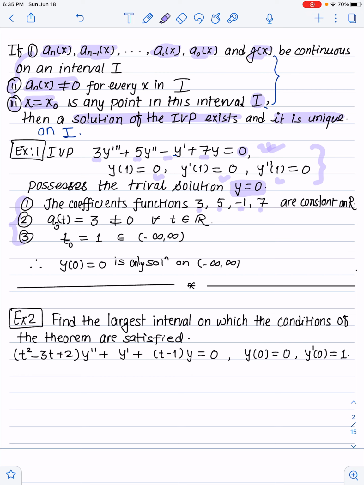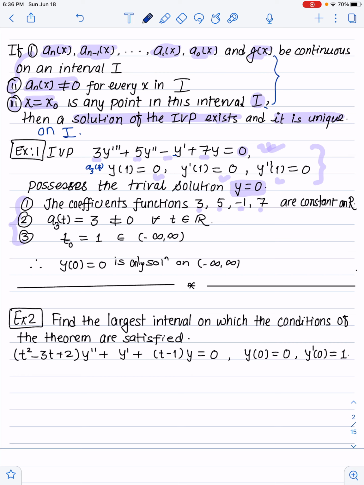The next property is a n of x. Here a3 of t, or x, is 3, which is not equal to 0 on the real line, for every t belonging to R.